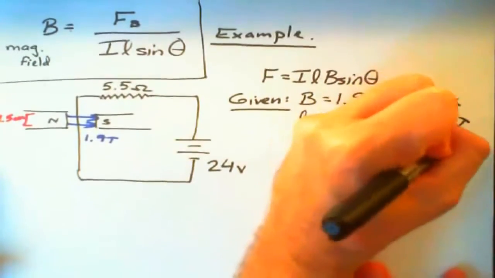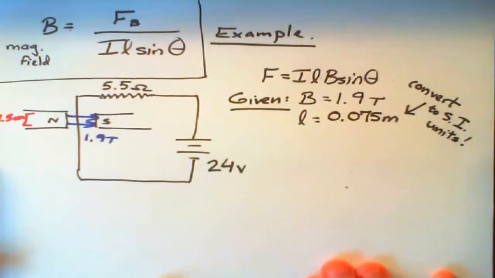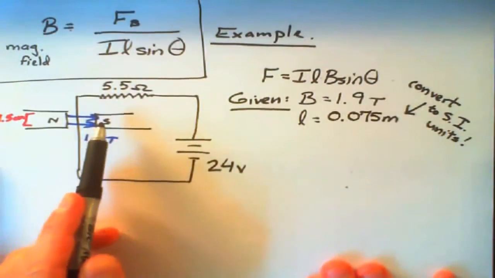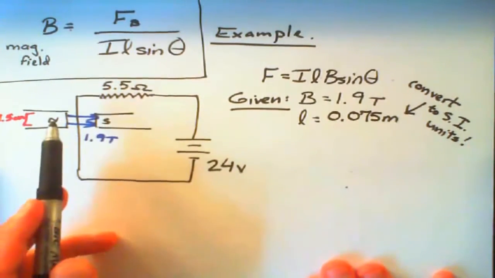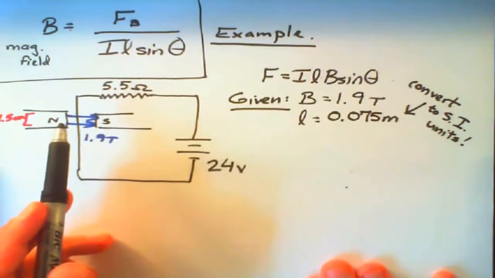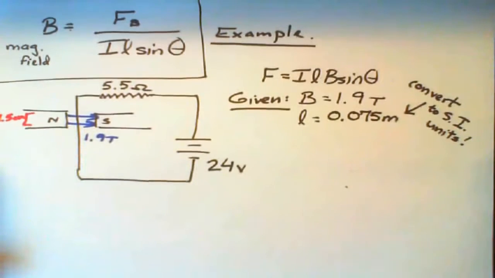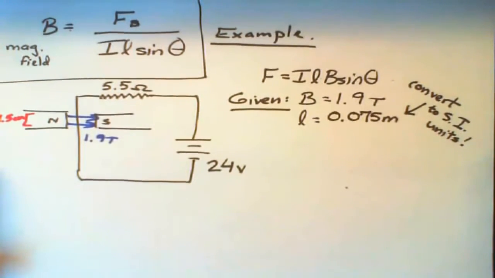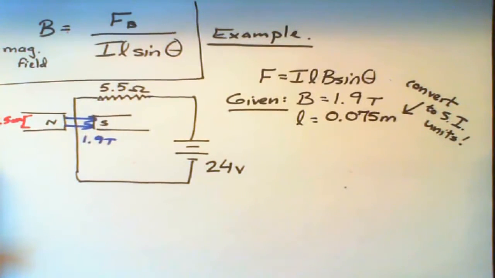Sine theta, well, let's draw this picture. The direction of the magnetic field, well, magnetic fields go from north to south, and so it goes like so. The current we can figure out because we know the battery voltage supplied in the circuit.